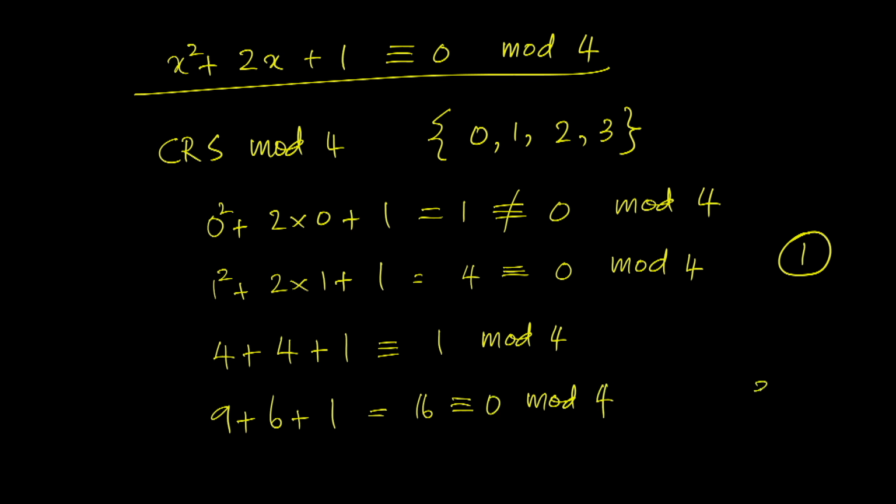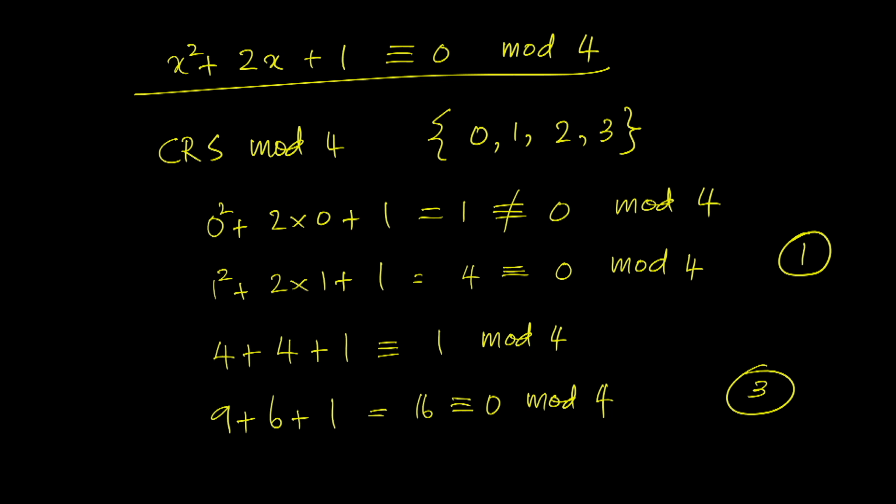So, this is a solution too. So, 1 and 3 are 2 solutions for this quadratic congruence, and modulo 4, these are the only solutions. Modulo 4, there could be 4 solutions. We have tried all of them and we found that only 1 and 3 are solutions.